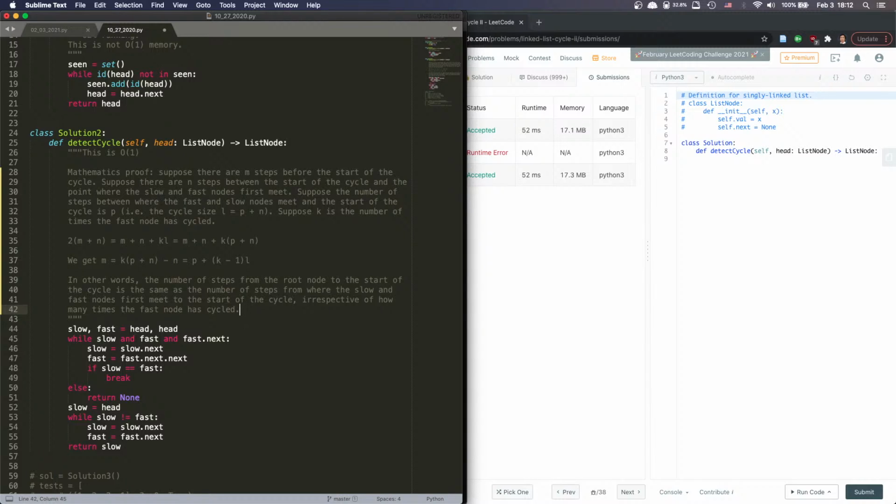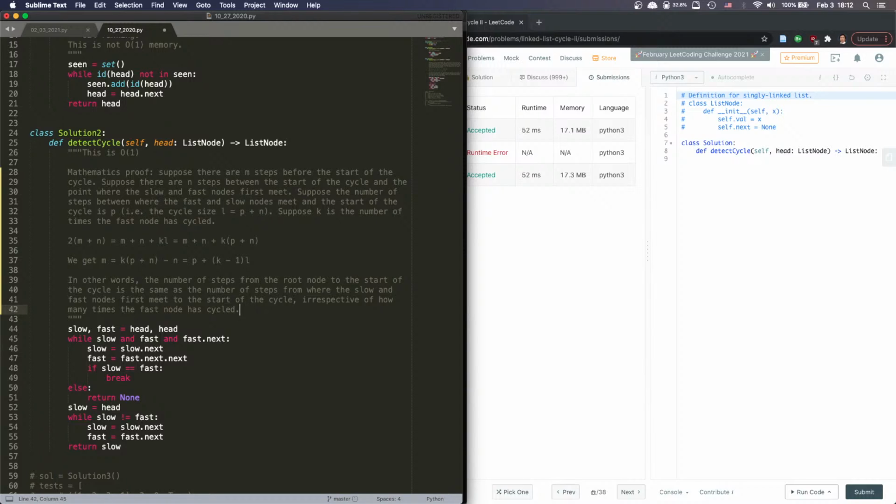So if it cycled once, then when they meet, this is the same. If it has cycled twice and then they meet, then they have to meet again, from this position until they meet again.